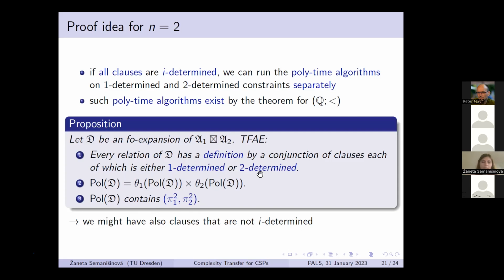If you had such a mixed clause, this polymorphism would allow you to actually violate the condition of the relation, because you can take an assignment that satisfies just one of the literals that talks about the first coordinate, and an assignment that satisfies just the literal that talks about the second coordinate.